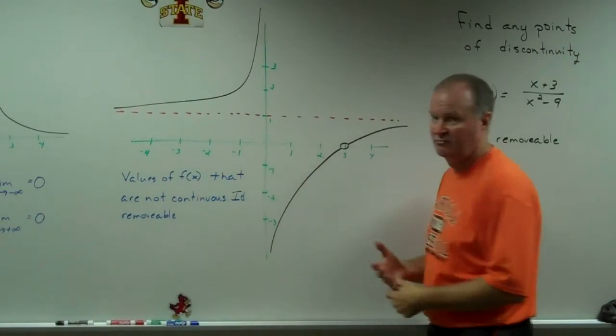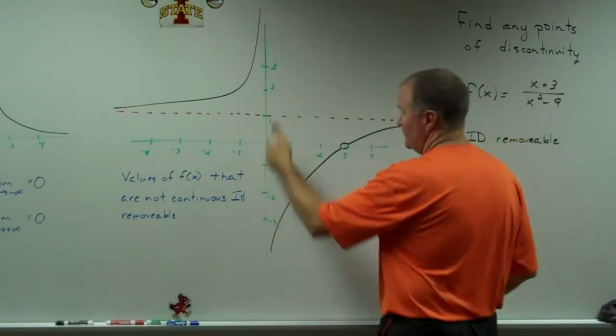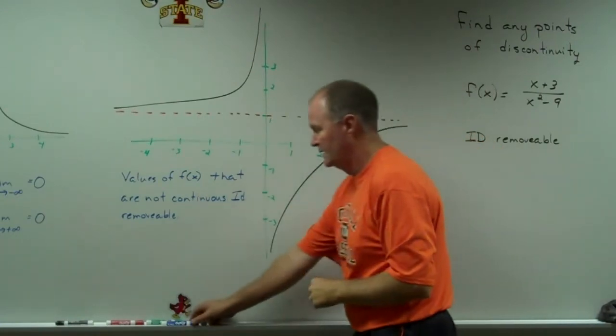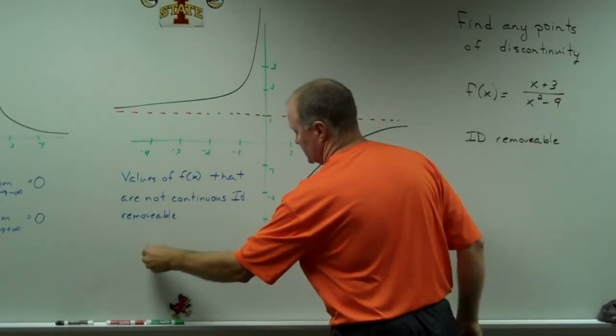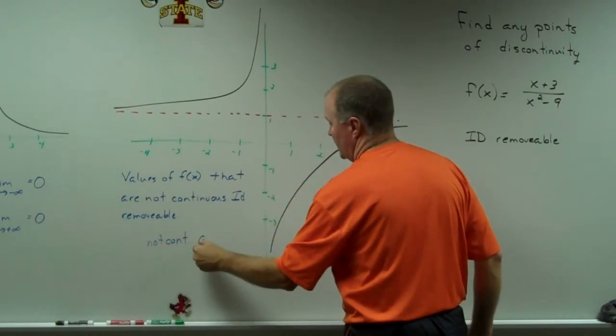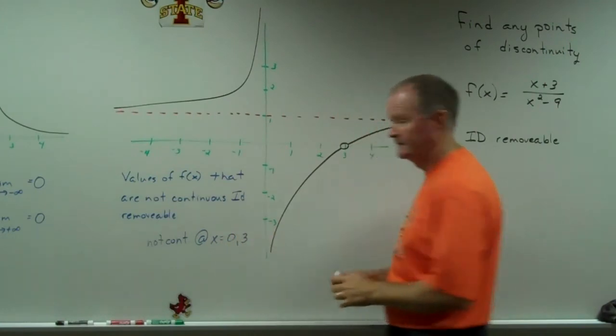I want x's. What x's blow it up? 3 and 0. It's discontinuous here at 0 and also 3. So we're not continuous at x equals 0 and 3.